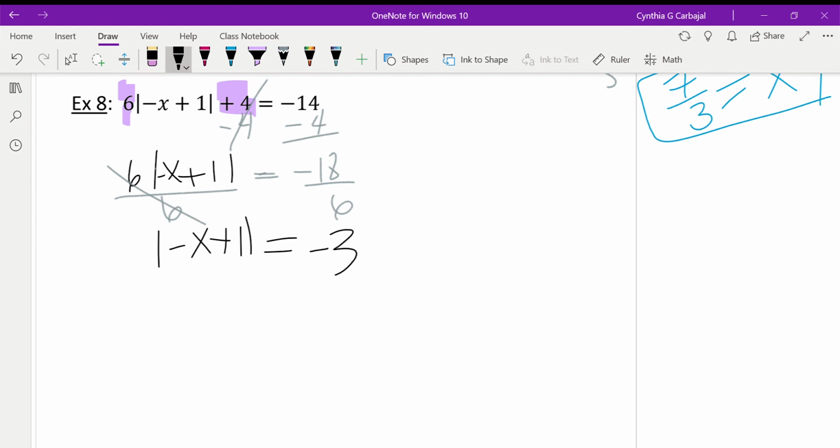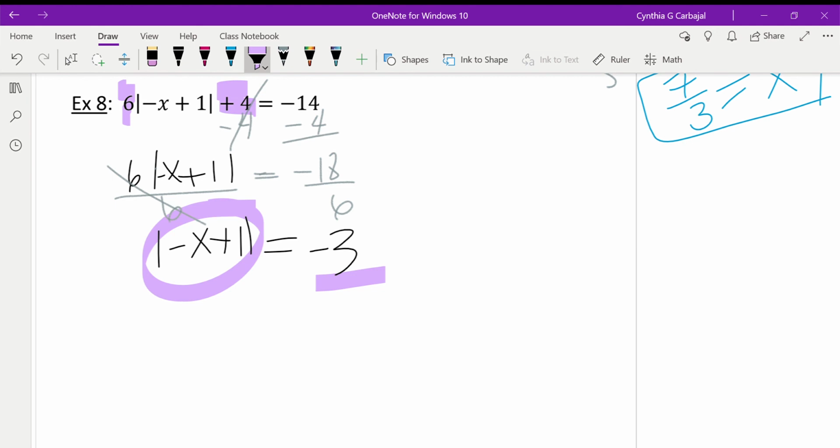Now, check this out. Inside here, I don't know what that answer is, but I know that whatever it is, I'm getting the absolute value of it. What we said at the beginning, the absolute value should always be equal to a positive. And here, it's not. You see that? My answer could be negative inside the absolute value signs, but not outside.